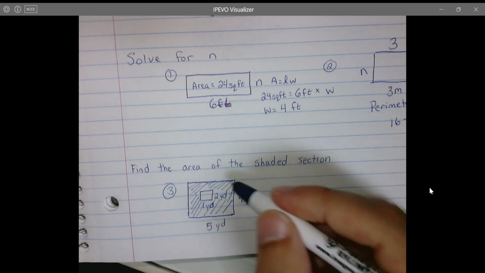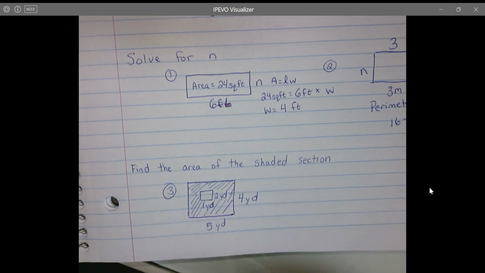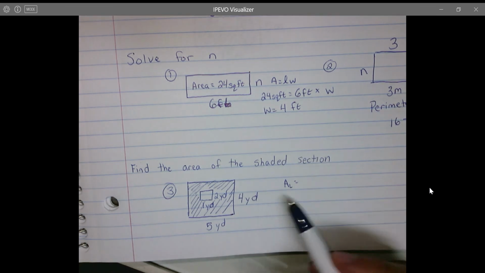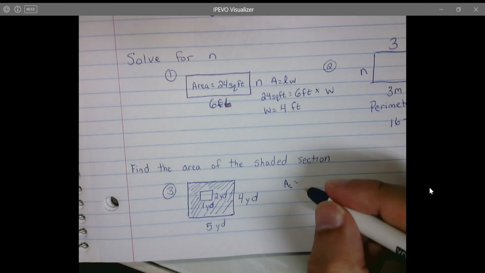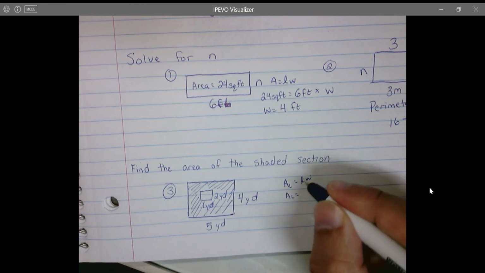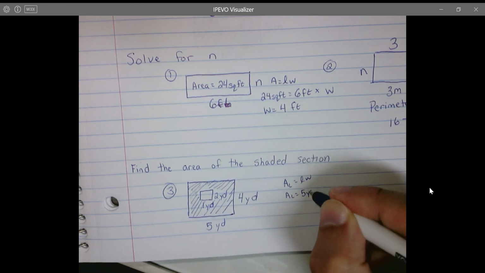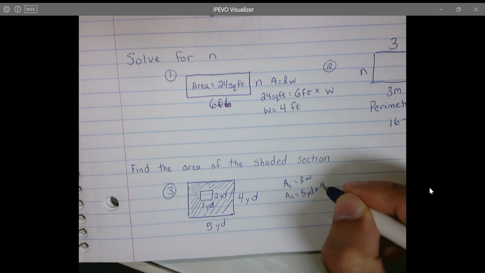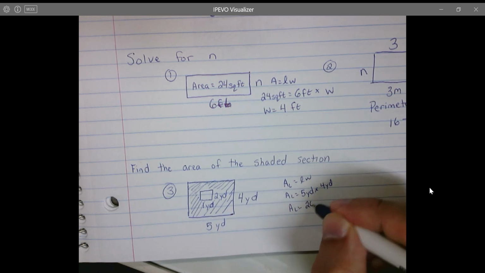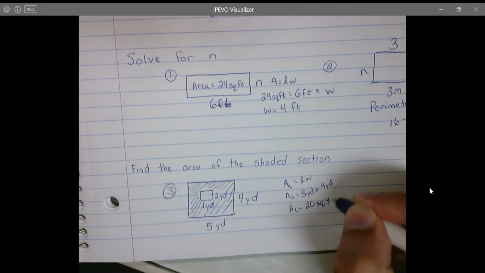So let's do that. Let's do the area of the large rectangle. Area of the large rectangle, I just do a little L to know that it's the large one, equals length times width. My length would be 5 yards, my width is 4 yards. So the area of the large rectangle would be 20 square yards.